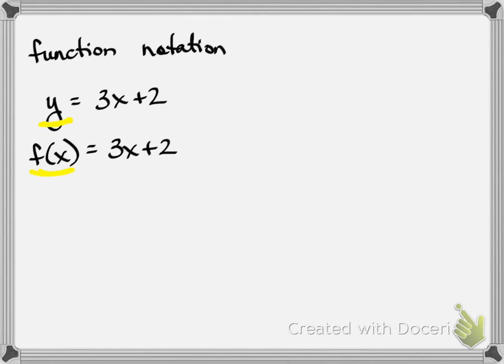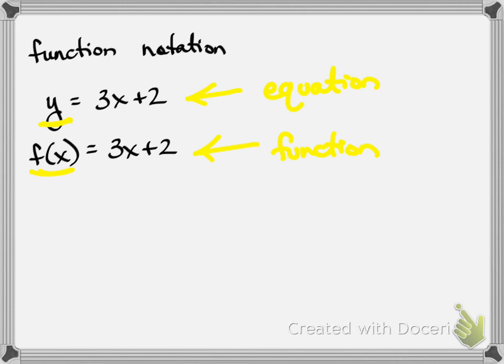So now instead of talking about a line, we're now talking about a function. This function is a line. I suppose instead of saying line, I would rather say equation. So it's not a linear equation anymore, it's a linear function.